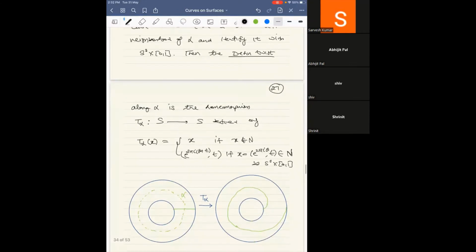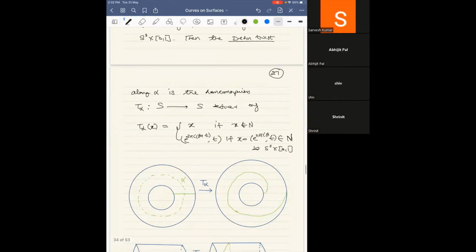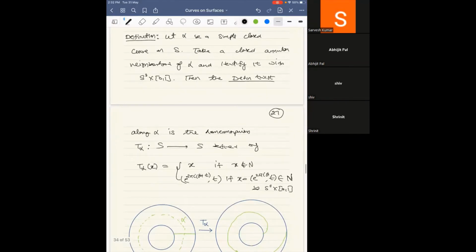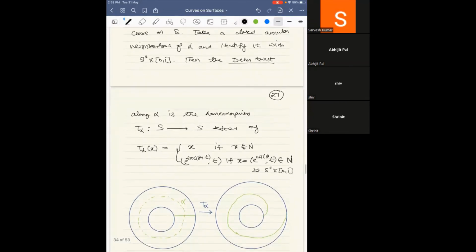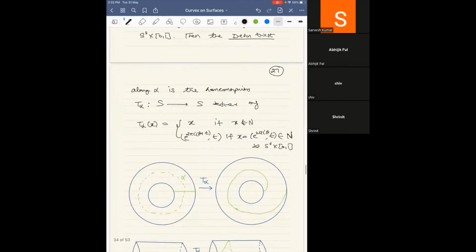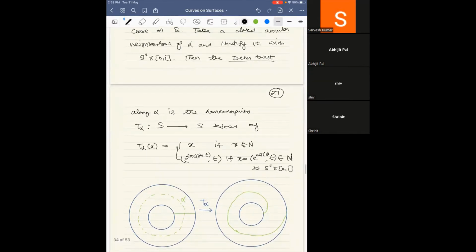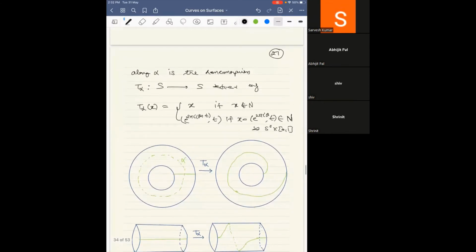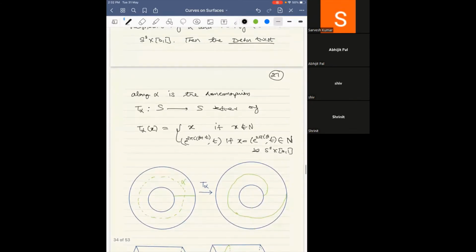So this is a map T alpha from S to S. If x is not in this annular neighborhood, then you just define it to be identity, T alpha of x equal to x. And otherwise, you have parameterized this S1 cross [0, 1] by, let's say, (theta, t).